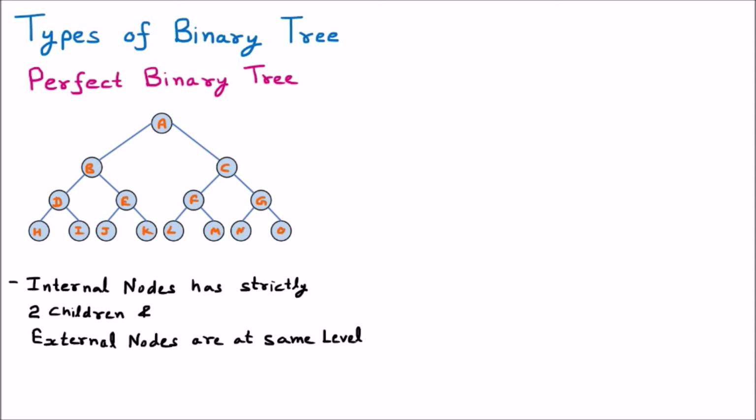So these are the labels which I have given to the nodes, and we know that the external nodes are all the leaf nodes. Leaf nodes, we know, have 0 children.